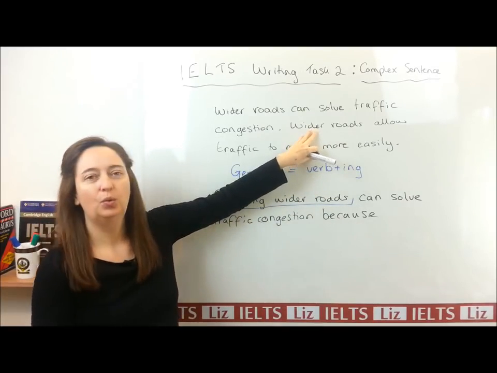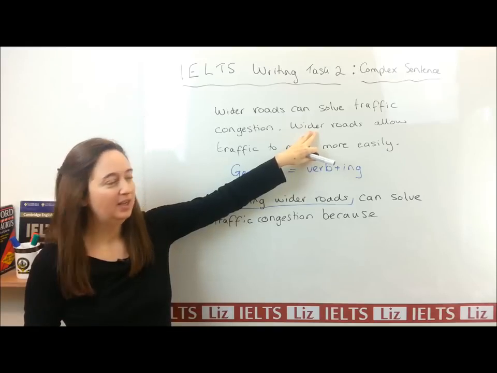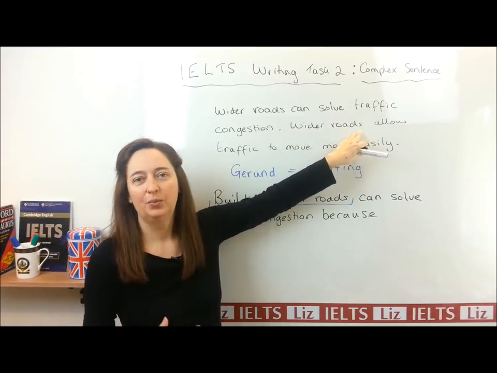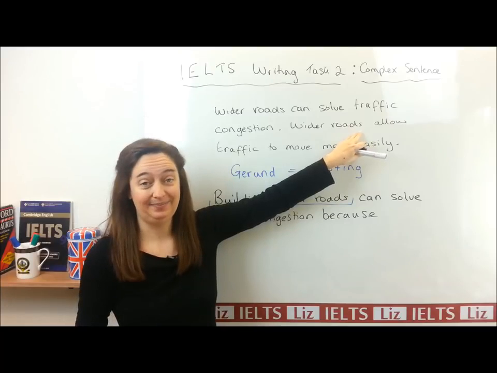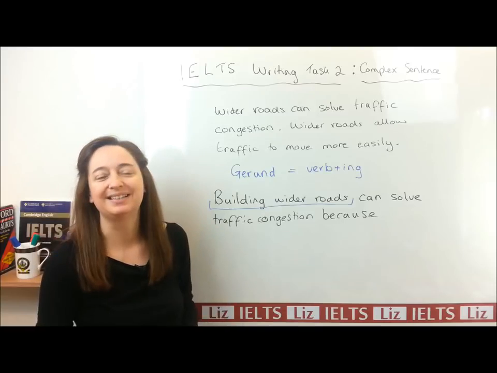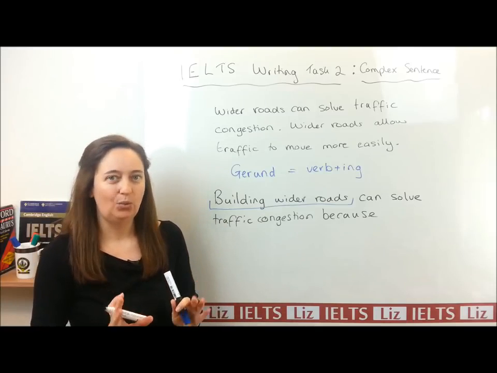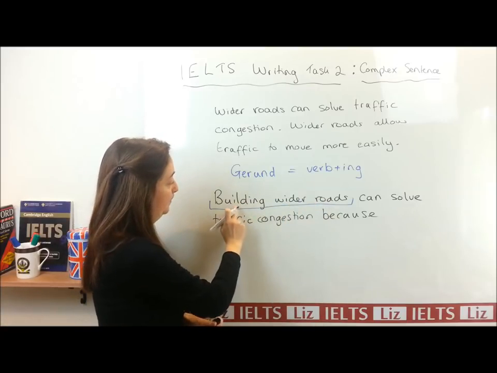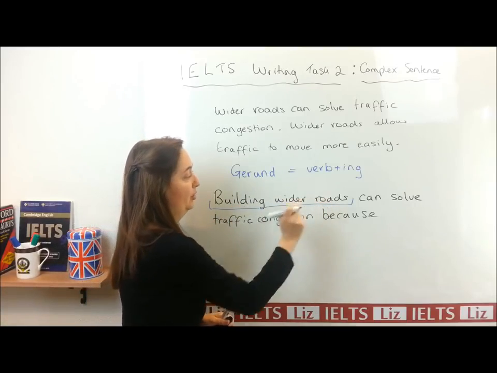And we don't want to repeat that. Normally, wider roads, that's a plural, we would use they, because they allow traffic to move more easily. But we have changed that subject. Do you remember? Here. We've put building wider roads.